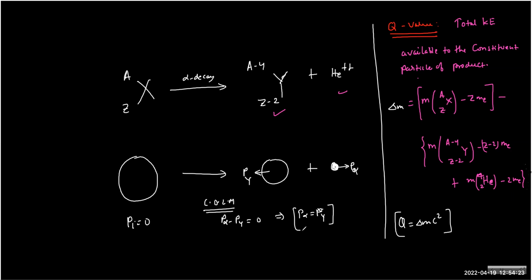So now we can in fact relate the Q value with P alpha, the momentum, also. So we know that P alpha whole square by twice the mass of alpha plus P y whole square by twice the mass of Y is the total kinetic energy of the system, which we call the Q value. And also the momentum conservation says that P alpha is the same as P y.